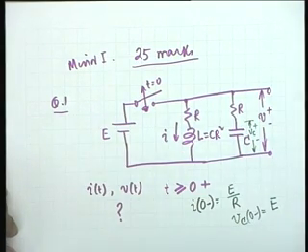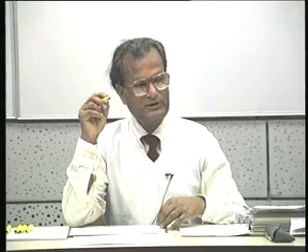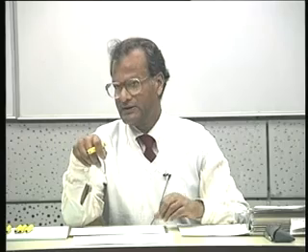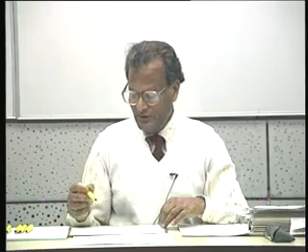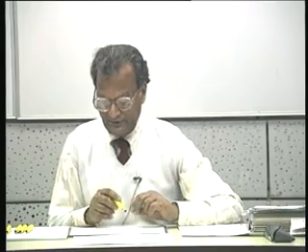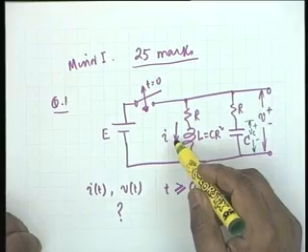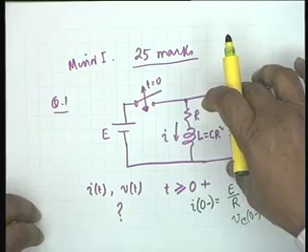Since we know the initial conditions, we can now draw the Laplace transformed equivalent circuit. There are two options. We can either draw the Thevenin equivalent or the Norton equivalent. What we have to do is to find the current I of t and the voltage across the combination.